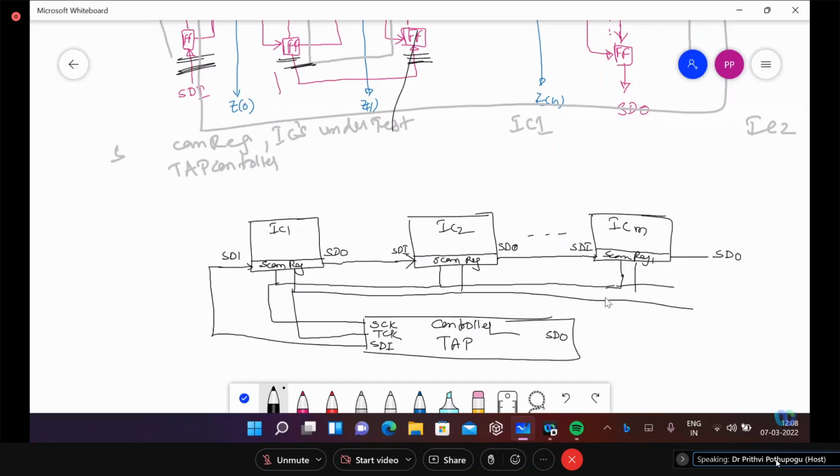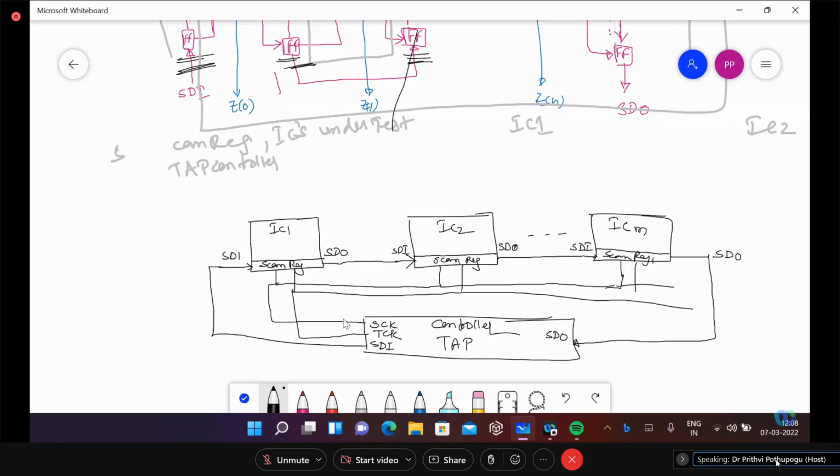Then you can extend this for any number of ICs. Okay. Now ultimately the controller will take the final SD naught information. Based on that, it will be issuing these signals of clock and SDI information.